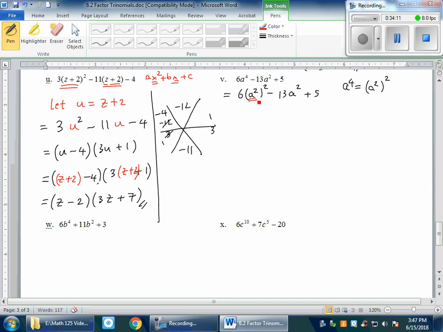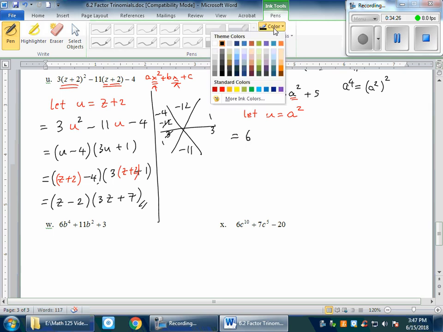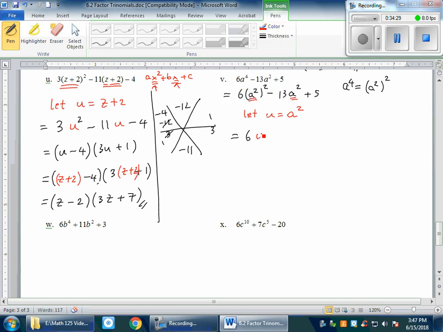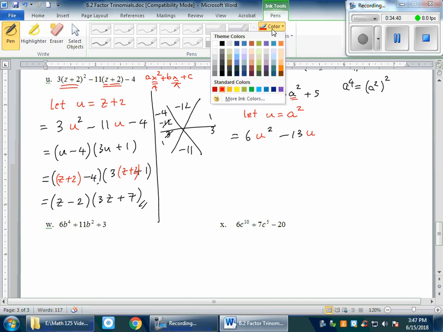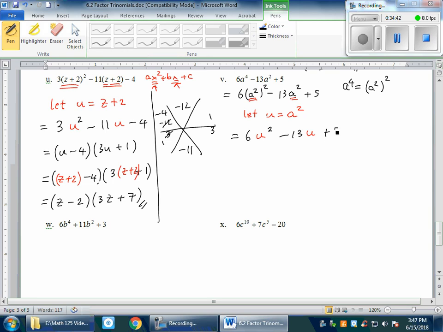These x squared, and this is what? My x situations. So I'm going to let u be equal to a to the 2nd power. So this will look like 6 times my a squared will be replaced by u, and then squared, that's my first term, and then minus 13, my a squared will be replaced by u, and then plus 5.